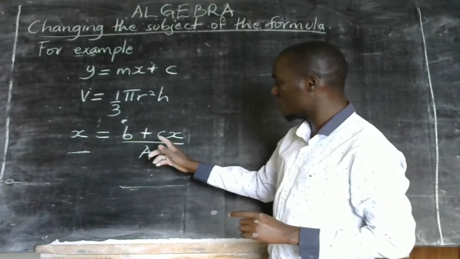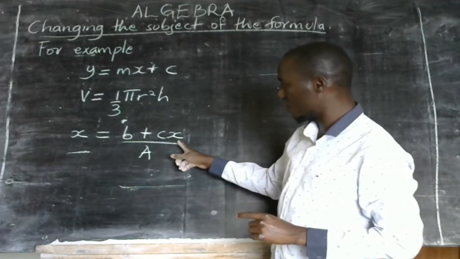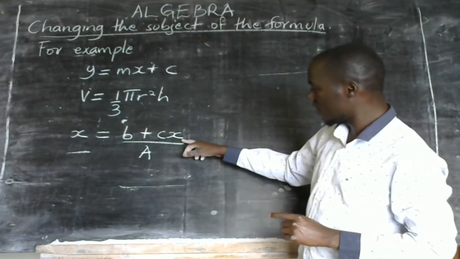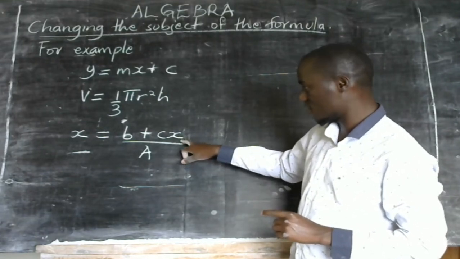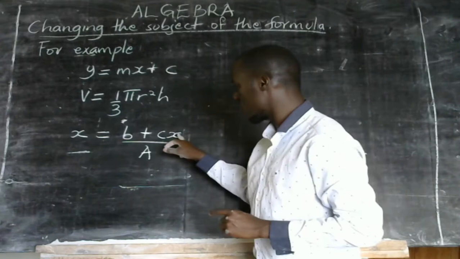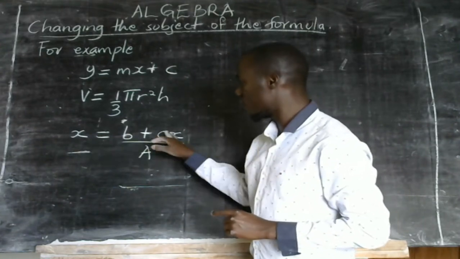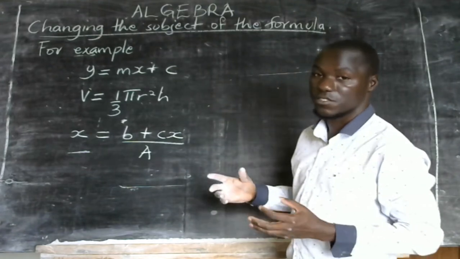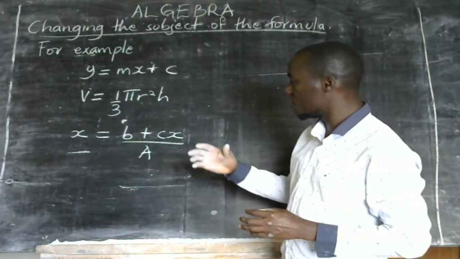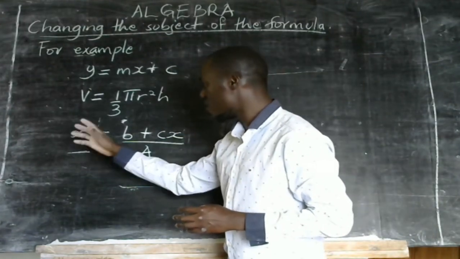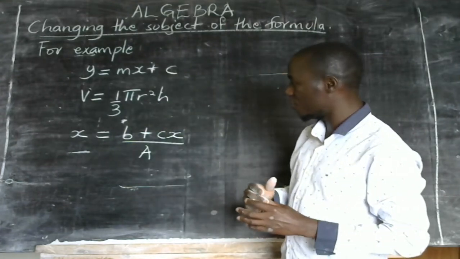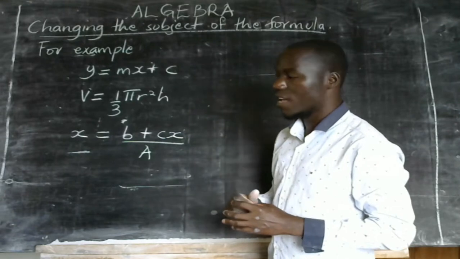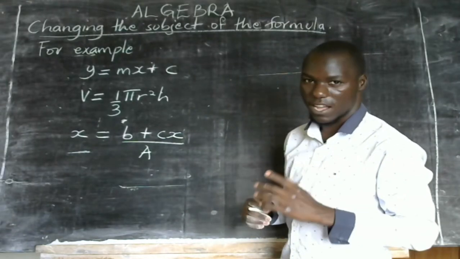When you look at the right hand side of the equation, you can see that there is another unknown x. So both of them, they are like terms. You need to first collect, then thereafter you simplify and you make x the subject of the formula, that is leaving it on the left hand side of the equation alone.